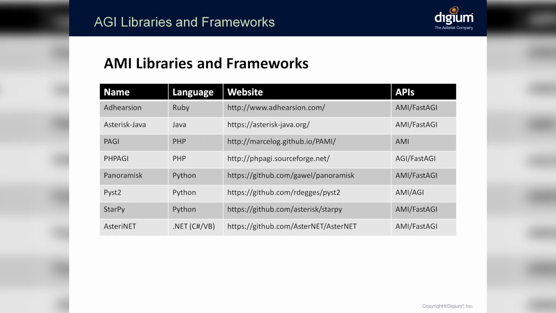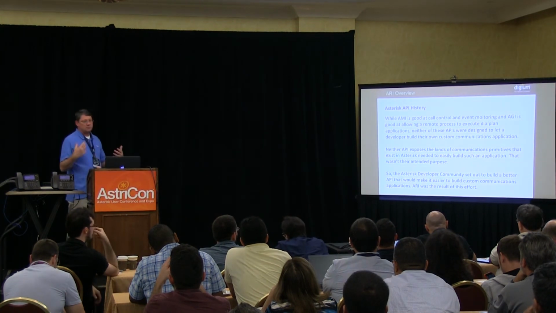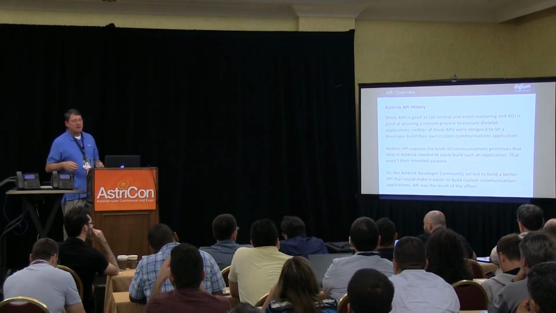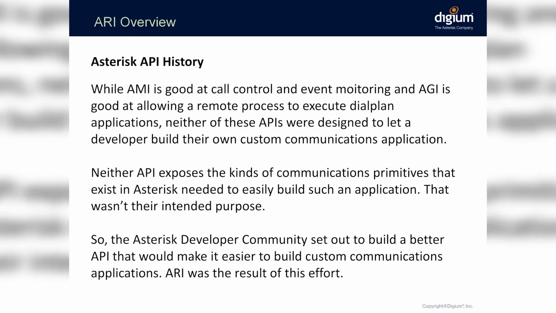So that brings us to the fun part. And do we have time for the fun part? We do have about 15 minutes. The Asterisk RESTful Interface. A little bit of history. In the beginning, the AGI and AMI interfaces appeared pretty early on in Asterisk, and let us integrate with other systems pretty well.